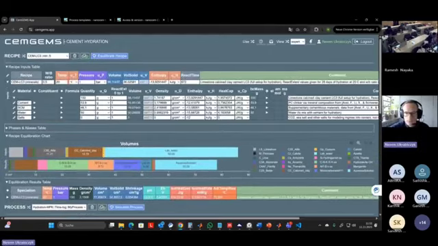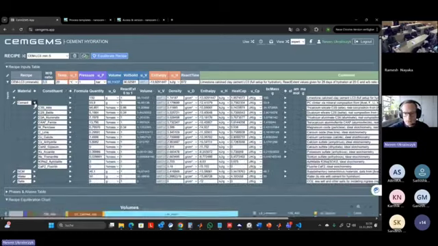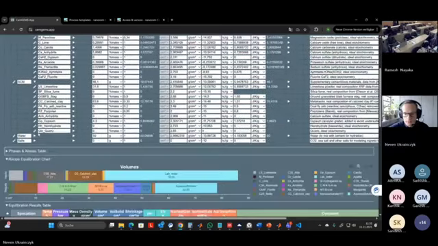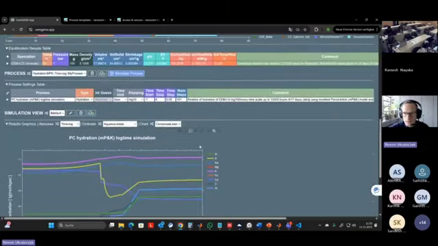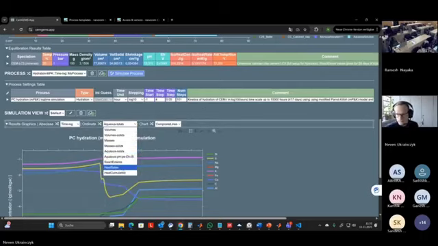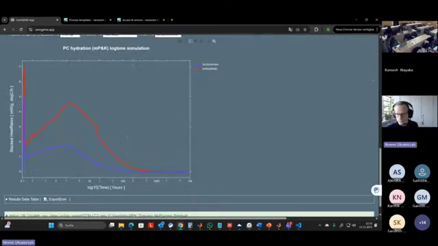Yeah, I don't know what to tell you more. You can change the temperature, water cement ratio, the mixture, composition of cement, SCM, and then you can simulate everything as a function of time. You can even predict heat rates.